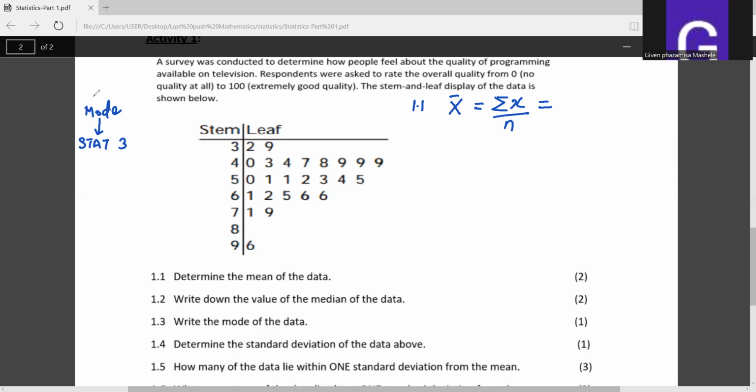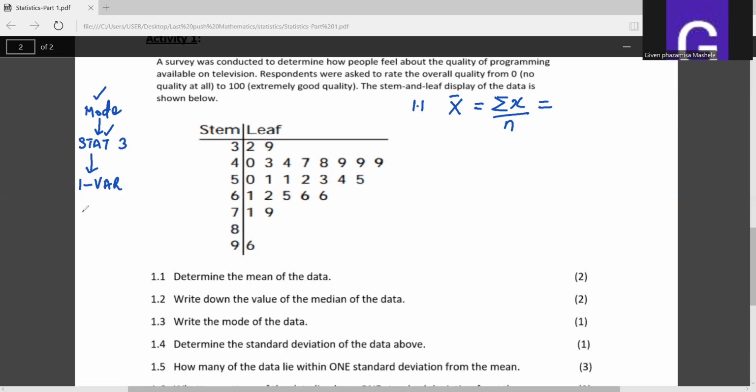Then you press stats because we are now dealing with statistics. After that, you'll first go to one var, because now we're dealing with a univariate data set. So you press one var.